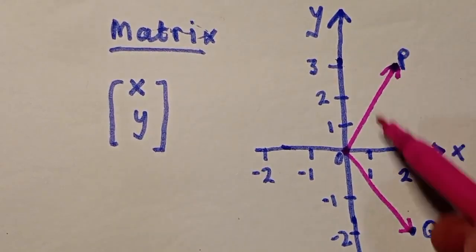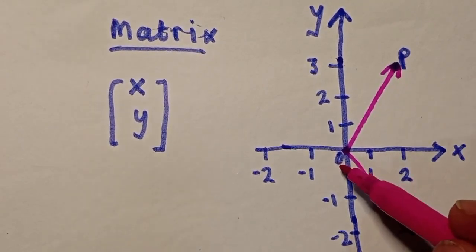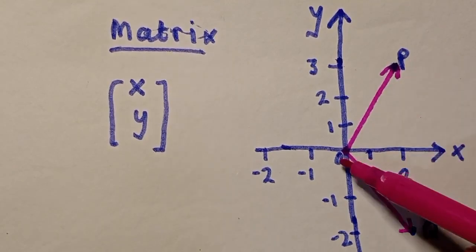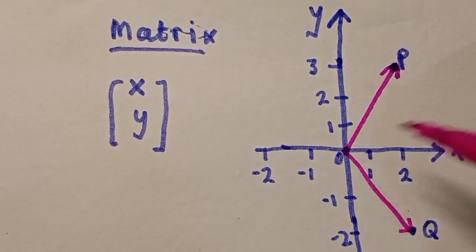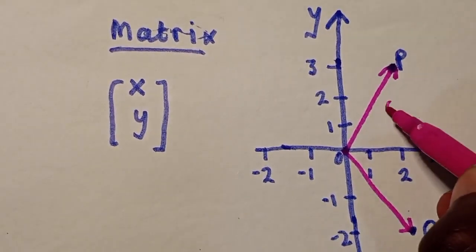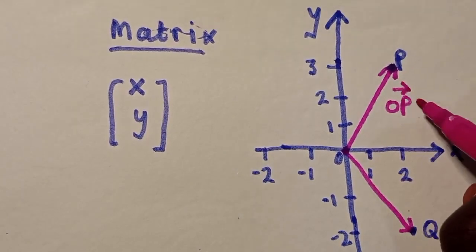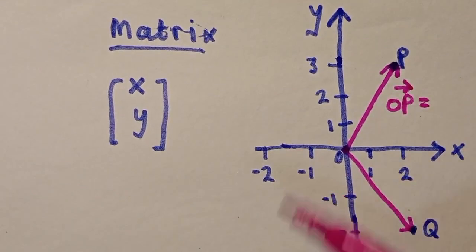So we can simply write these vectors. This is coming from O. This vector here is called the vector OP. And this vector OP, you can simply write in a matrix form by taking the x component and the y component.